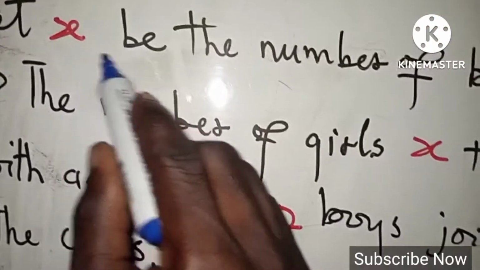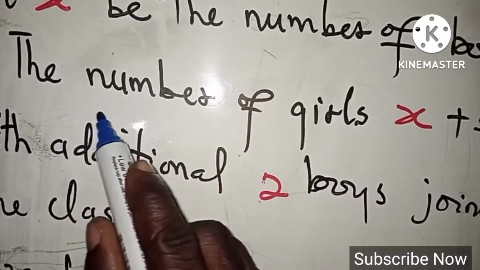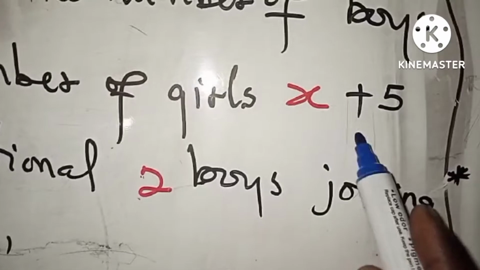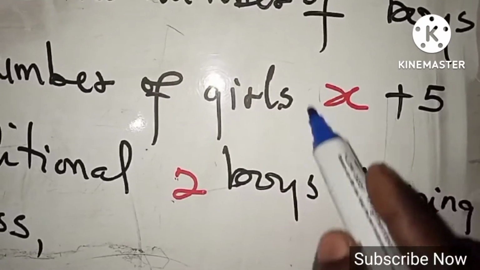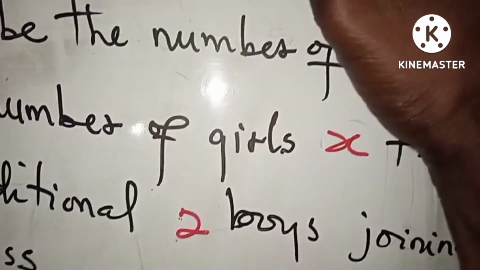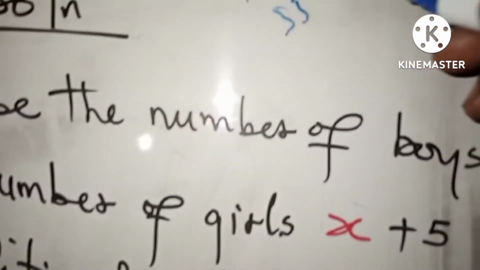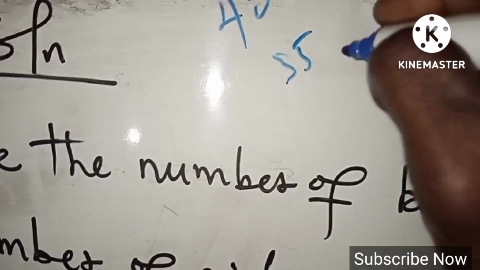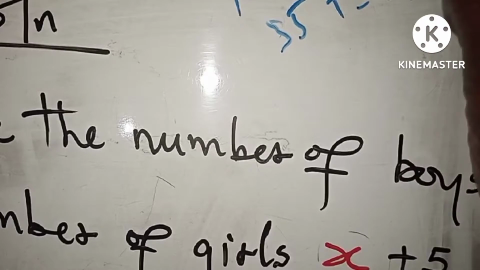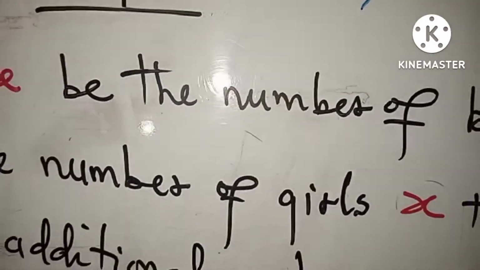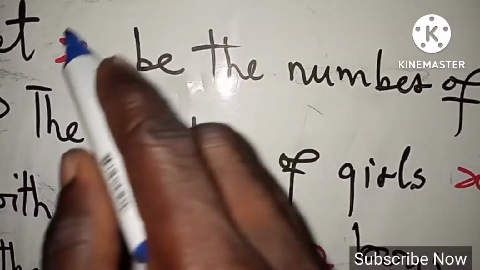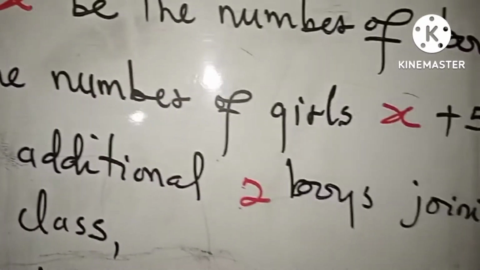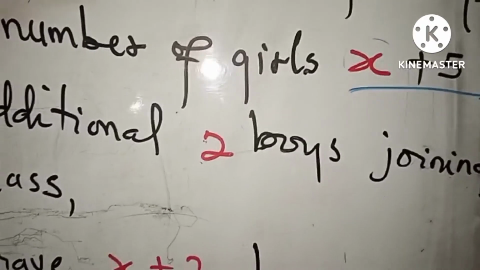So if you have x boys here, the number of girls is going to be x plus 5. The x stands for the boys, just like the 35 boys, and then plus five for the girls. But here we are given an unknown number, so we use x to represent that. So this is the number of girls in the class.